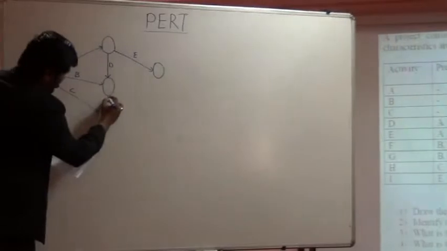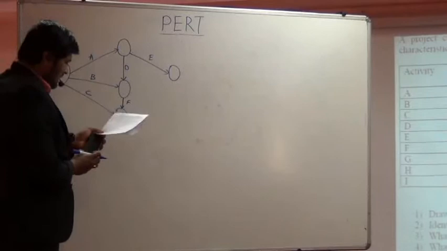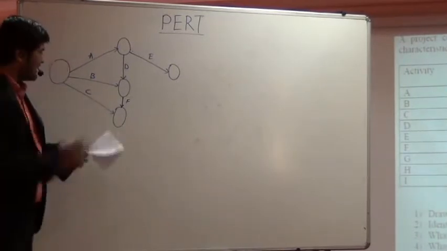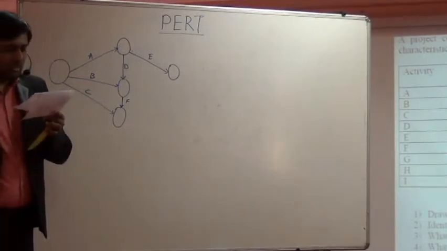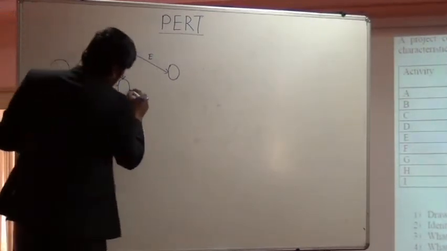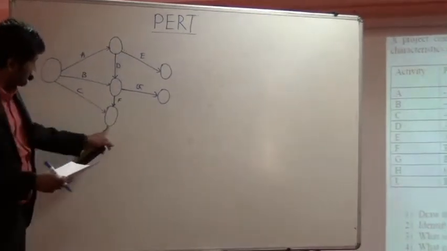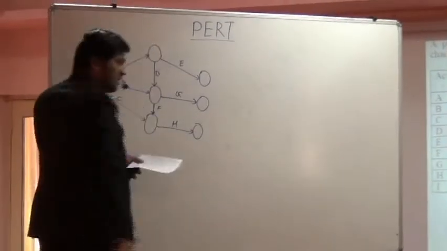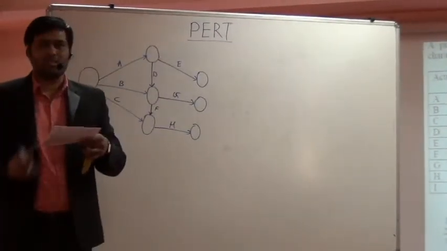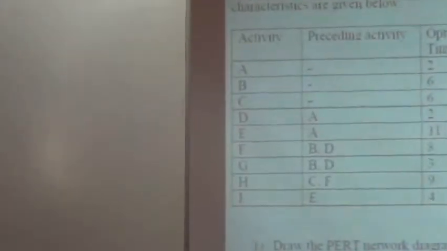From B we are having another activity, and that activity is known as F. And another activity from the place where B and D are together is activity G. Lastly, from the place where C and F are together, we are having activity H. So we will draw an arrow for activity H, and the last activity is from E. From E we are having activity I.